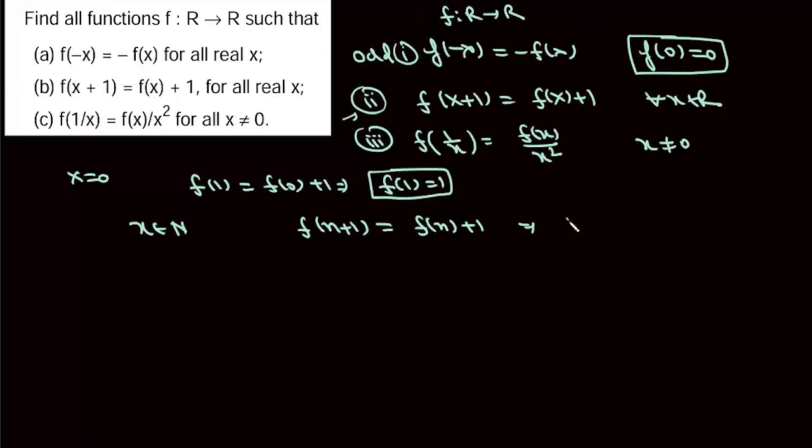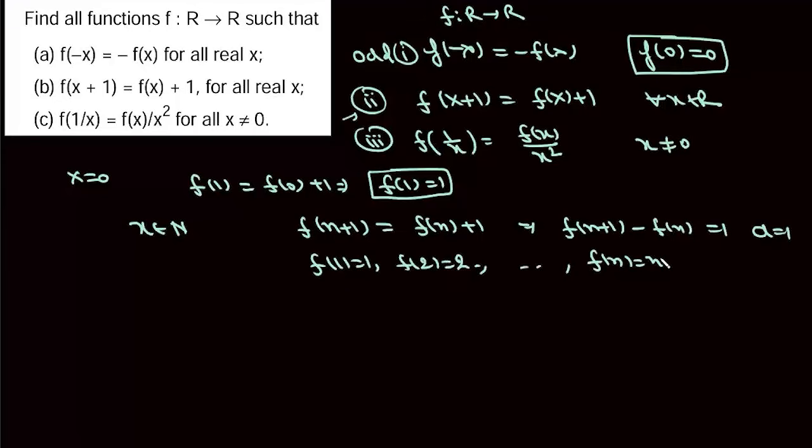So basically it'll be an AP. So f(n plus 1) minus f(n) equals 1 with a common difference 1. So f(1) will be 1, f(2) will be 2, and f(n) will be n. But we need to find this function for all real x.